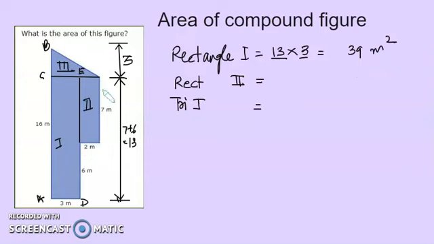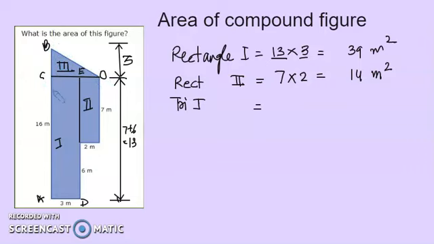Similarly, in rectangle 2, length is 7 and width is 2. So we can write 7 times 2 equal to 14 square meter. Now we are left with triangle BCO.